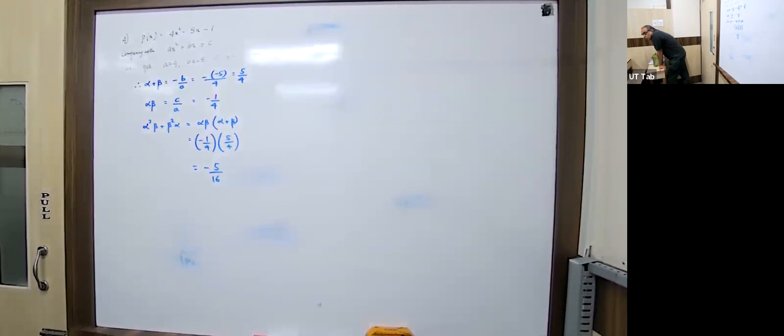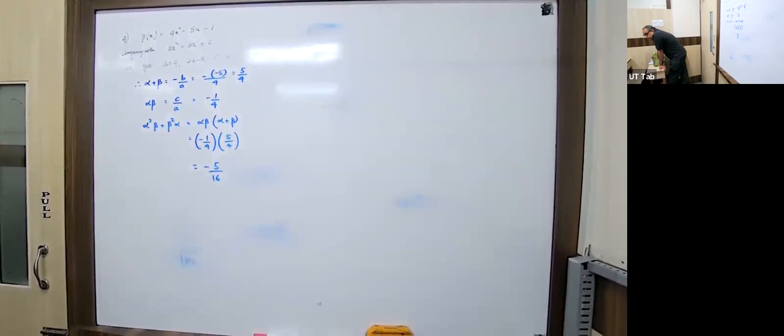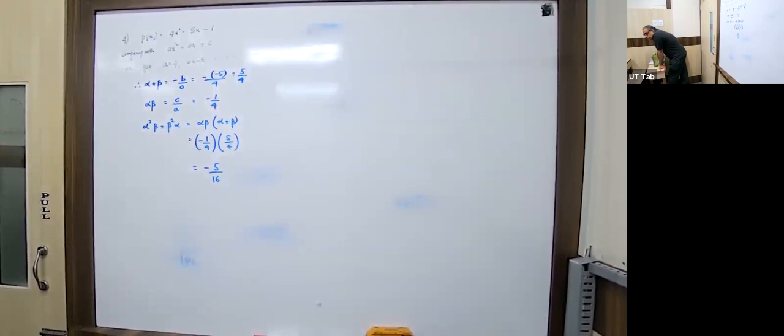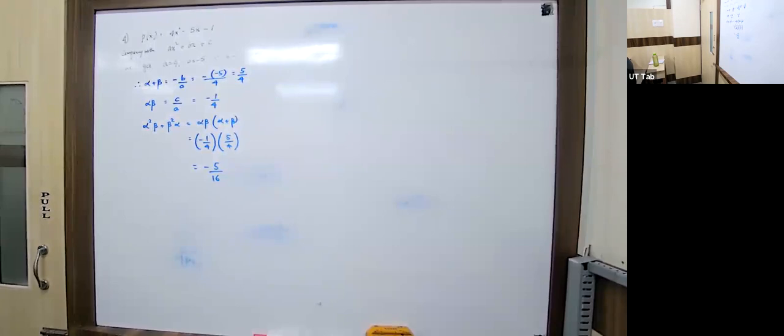Yes, sir. So except for this one. You found out alpha plus beta and alpha into beta. So I found alpha into beta for this one. I stopped when I did not know to the problem. For every sum, you must find out alpha plus beta and alpha into beta.